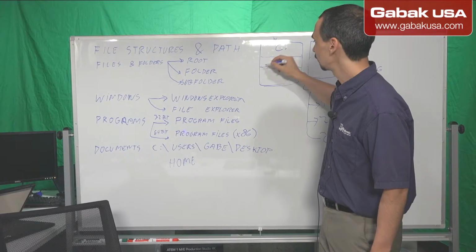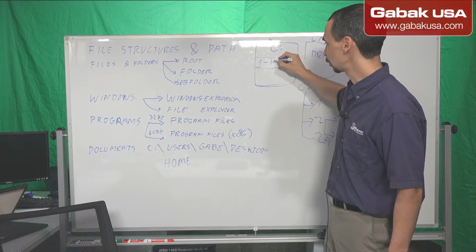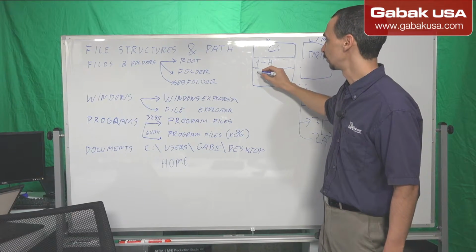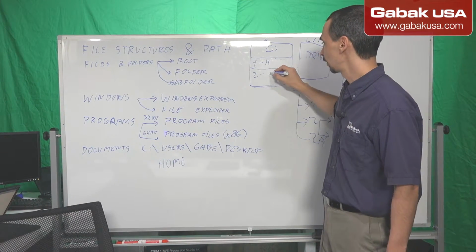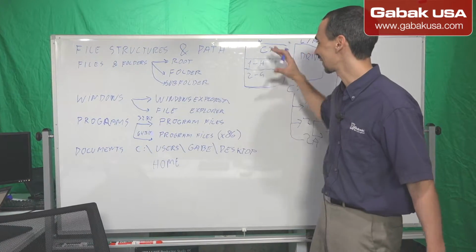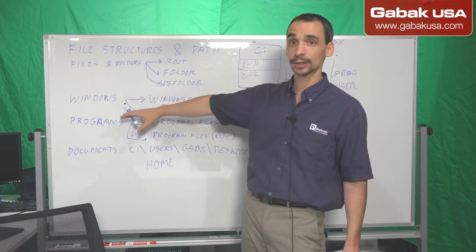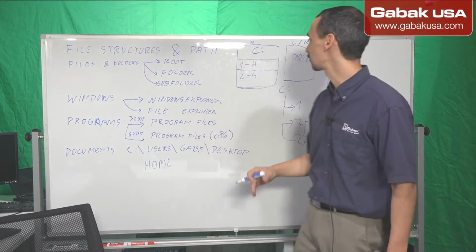So, folder 1, H, hammers, and then folder 2, screwdrivers. You say, oh, great, I have those things, wonderful. So the same way it works with Windows. That is what I'm going to explain now in a little bit.